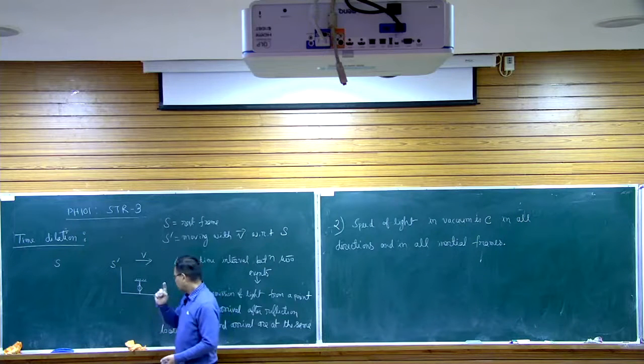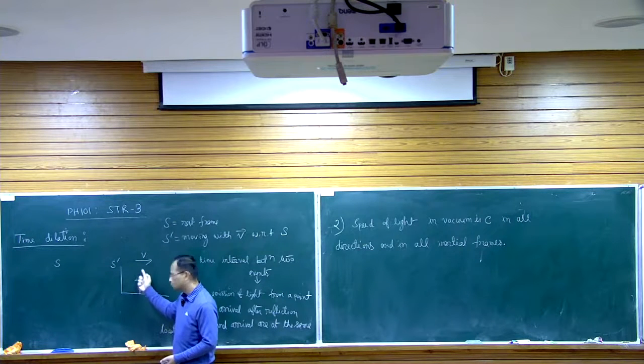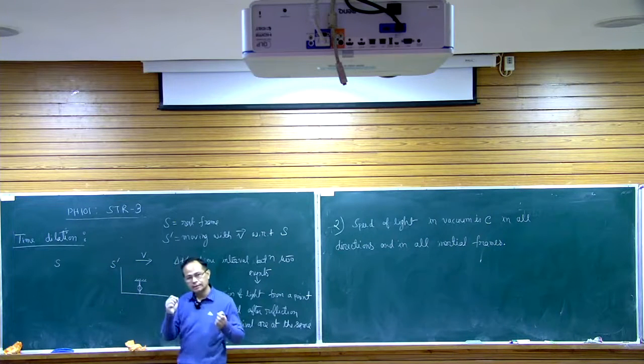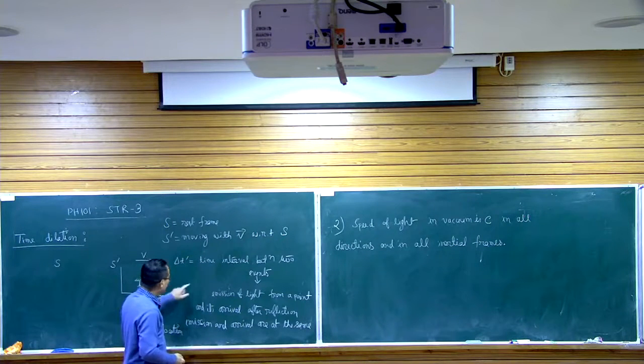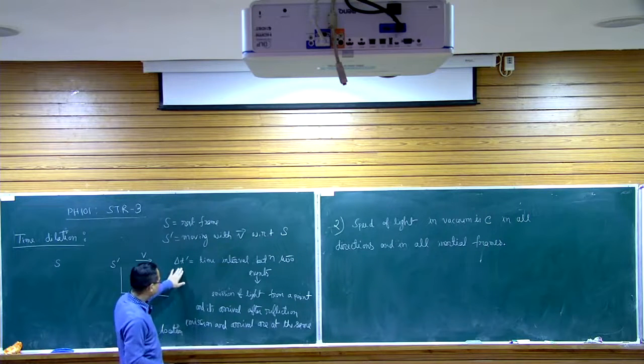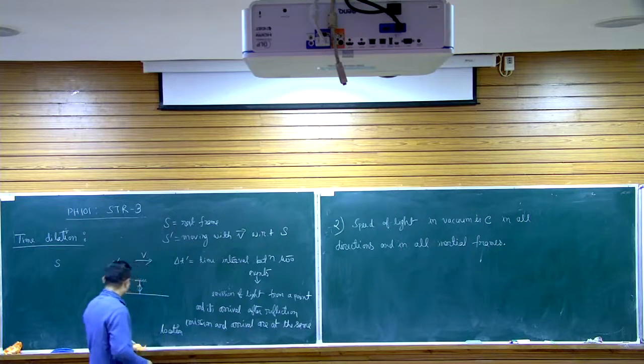So the clock starts when he switches on the laser, then the light goes upward, gets reflected vertically downward, and then there is a detector, and that detector receives the light. So that is delta T1 prime. Delta T1 prime is the time interval as measured by the observer in S prime frame.